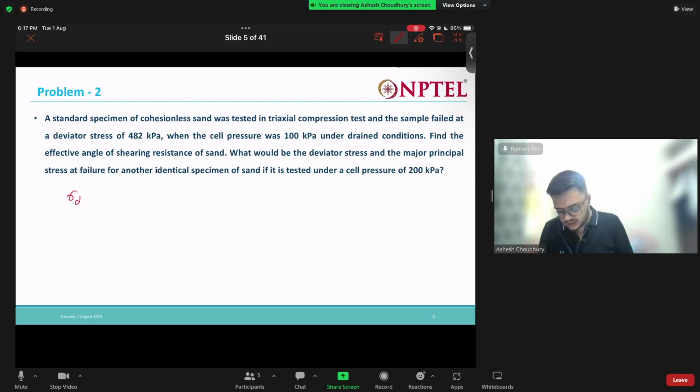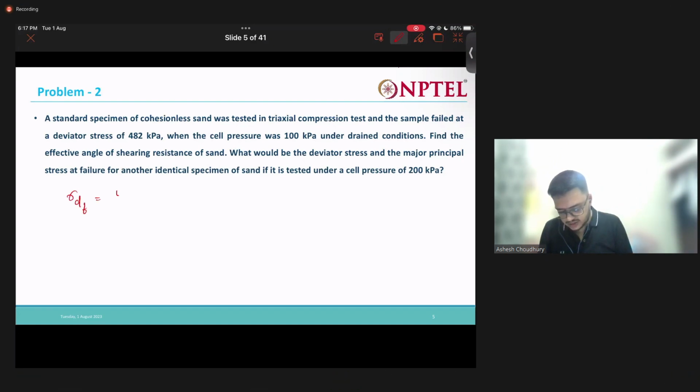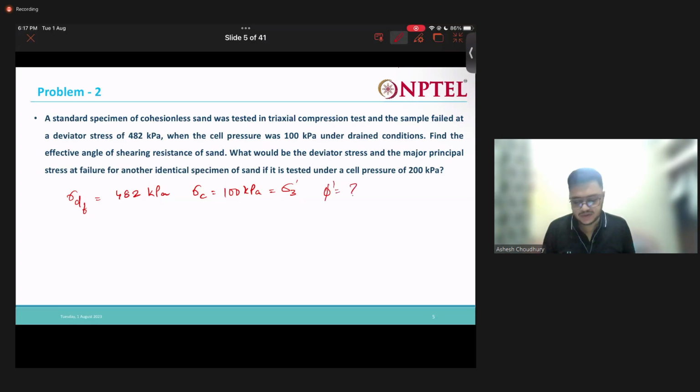So the deviator stress at failure is given as 482 kPa, right? And what is my cell pressure at failure? It is 100 kPa. It's nothing but my sigma 3. Okay, we need to find our phi, the effective angle of shearing resistance.